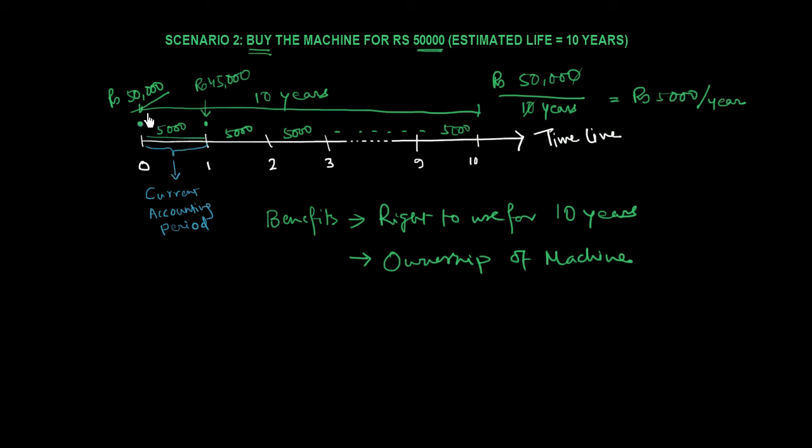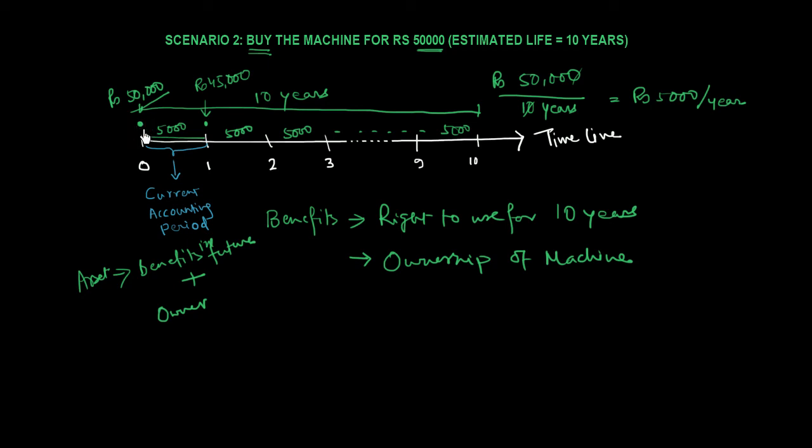And when you actually purchase the machine, it becomes your asset, because the characteristics of an asset are that you need to get benefits from it in future, plus you need to be the owner. You should have ownership rights, and you should be able to get benefits from it in future. Both conditions have to be satisfied, otherwise any cost or property will not qualify as an asset.